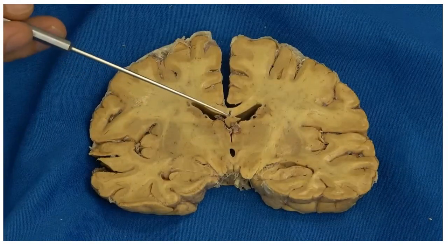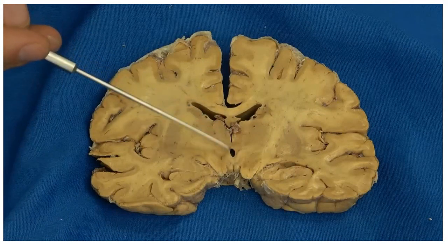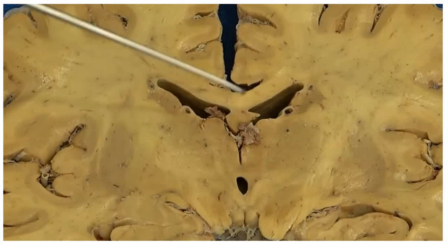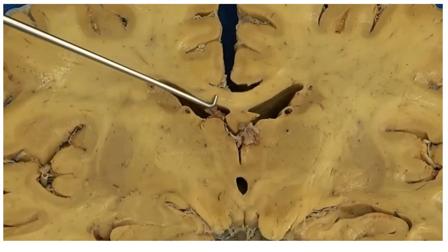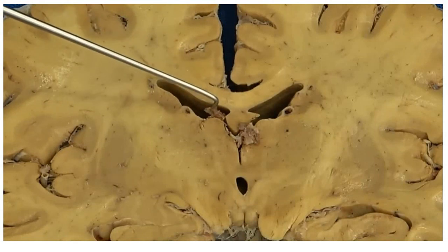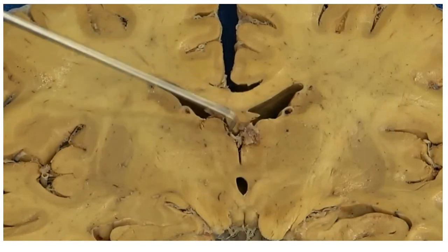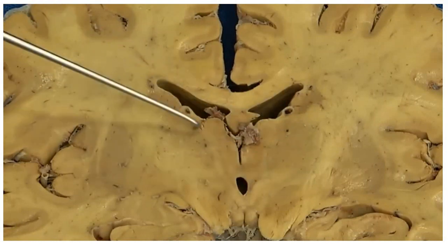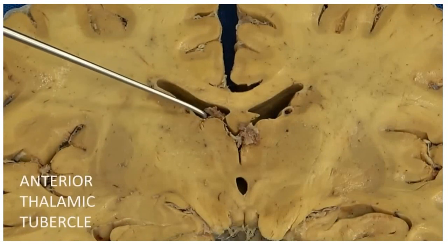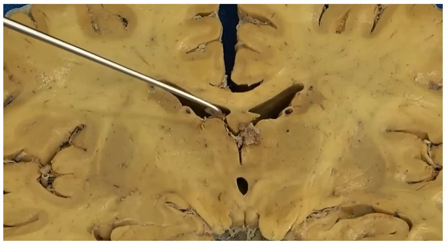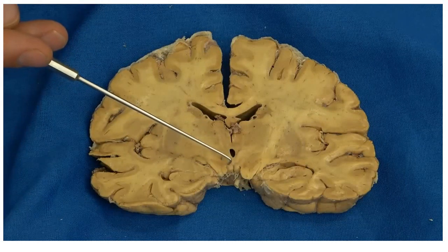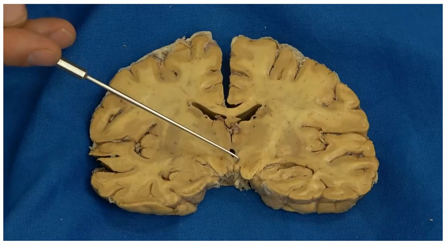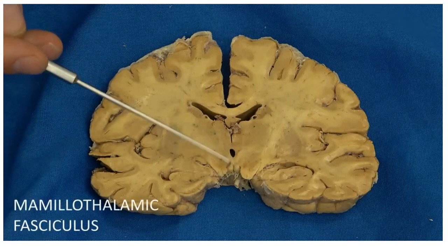On this section, we can already see the third ventricle, the lateral ventricles, the bodies of the fornix, which is grouped together with the corpus callosum, the choroid plexus of the lateral ventricle, the choroid plexus of the third ventricle, the thalamus with the tuberculum of the thalamus, with the anterior nuclei of the thalamus, the cerebral crus, and medially to it the mammillary bodies, from which the mammillothalamic fasciculus emerges.